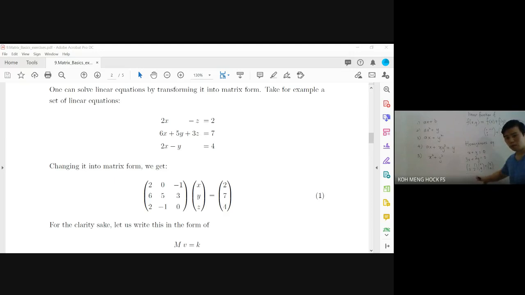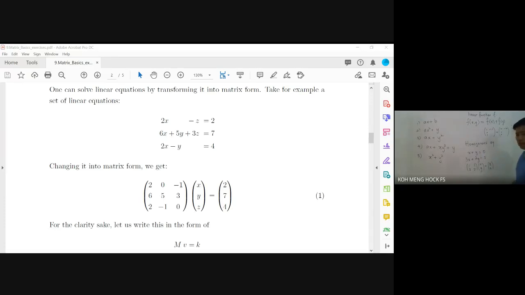I don't care whether this can be solved, that's not my point now. My point is if I have x and y, I arrange all my functions over here, and this x plus y or whatever is going to be equal to 0. So this is a homogeneous equation. Homogeneous equation is anything where over here this is 0, 0, 0.